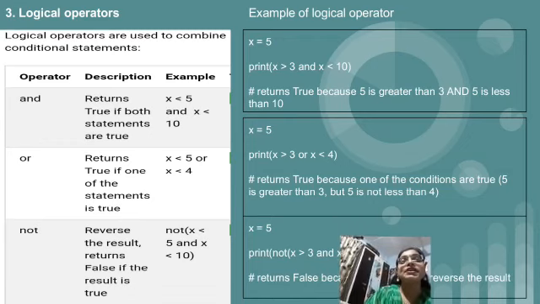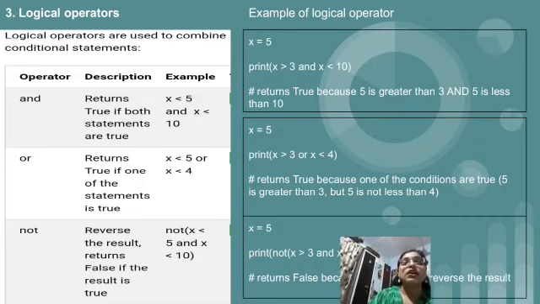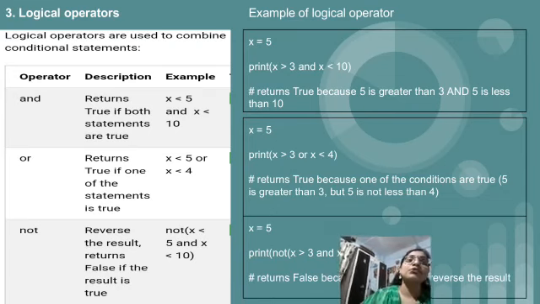But in this case we have x equal to 5. So 5 greater than 3, the condition is true. 5 less than 10, this condition is also true, meaning both conditions of AND are true, but we don't want them to be true, so not, right? Hence the answer is false, because only if the AND condition is false will the answer be true. But as we don't want both conditions to be true, the answer is false.